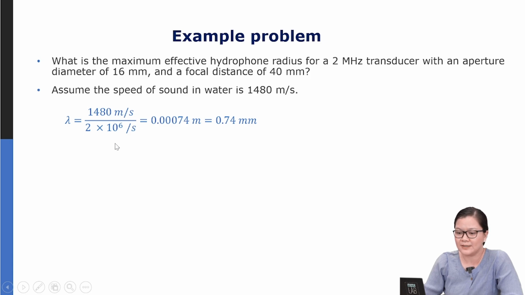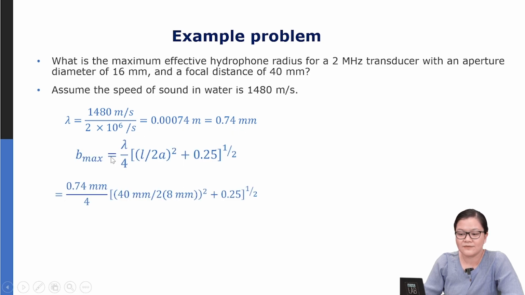That would be denoted by 2 times 10 to the 6 per second, where again hertz is 1 per second. So we plug this into our equation and we get 0.00074 meters. Now again, when we talk in terms of ultrasound and megahertz frequencies, that corresponds to wavelengths on the order of millimeters. So our wavelength would be 0.74 millimeters right here.